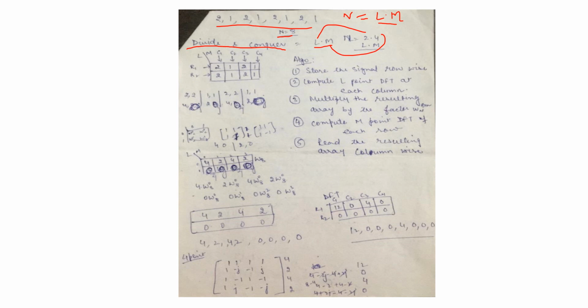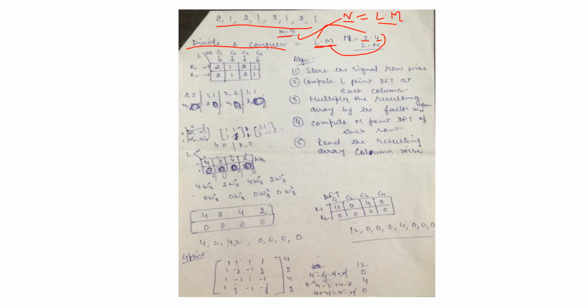This L can be 4, this M can be 2. It's up to you, but the multiplication of L and M should be equal to capital N. Here capital N is 8, so I assume L is equal to 2 and M is equal to 4.